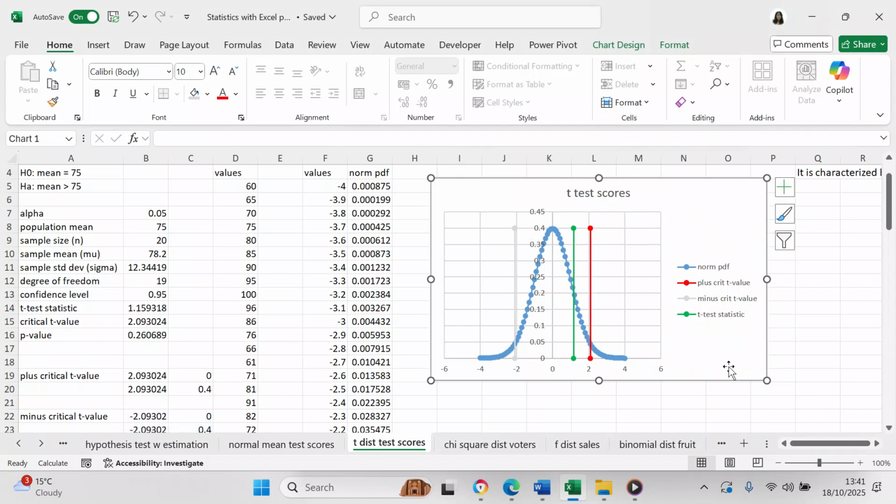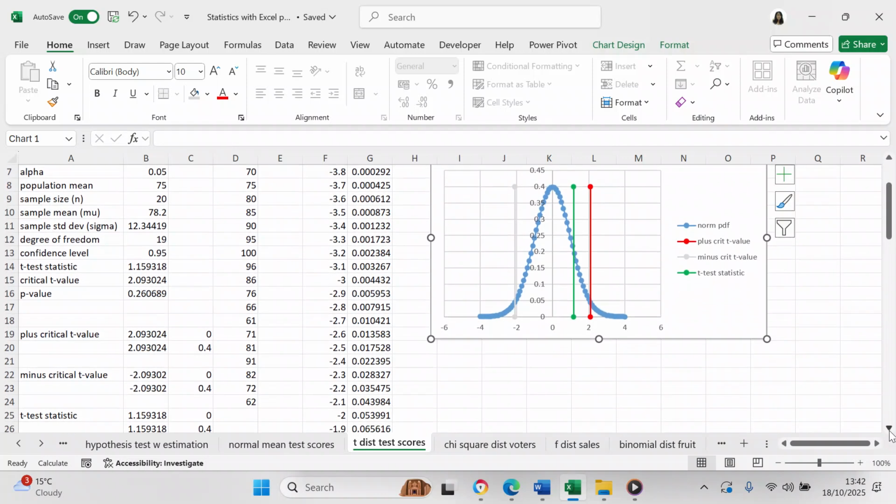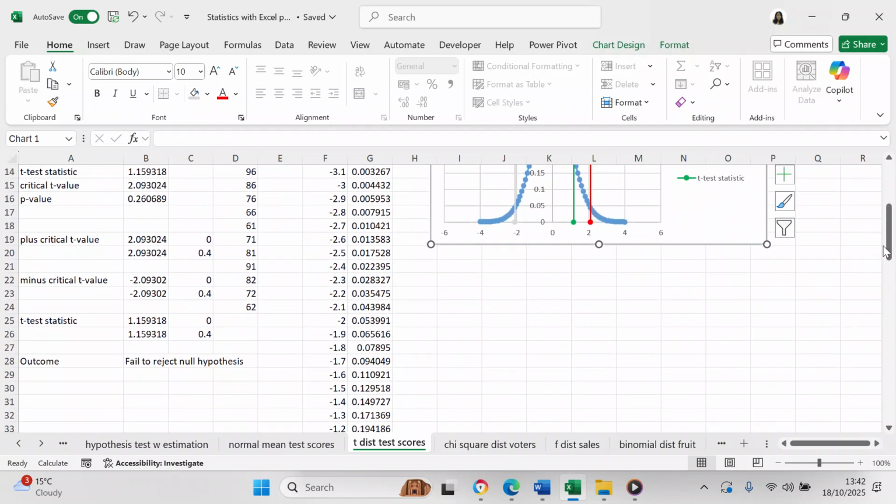And then your green is your t-test statistic. And you see that your t-test statistic is 1.15, and the t-test statistic is less than 2.09. And your t-test statistic is between the negative critical t-value and the positive critical t-value, which means it falls within the 95% region, and so you fail to reject the null hypothesis.